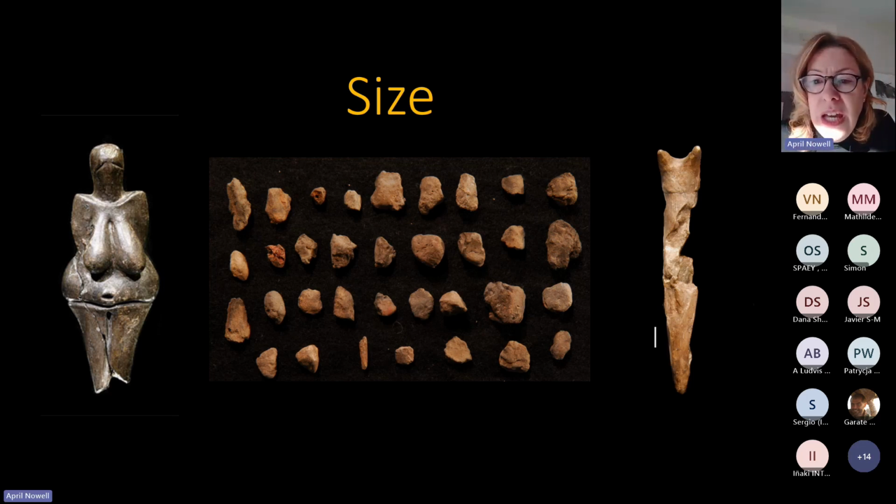The only exception seems to be the really finely made, what we might call masterpieces, or the more unusual pieces from this site. So, for example, we have the Dolní Věstonice figurine, sometimes called Venus, but I hate using that term. The figurine is noticeably bigger and very finely made.